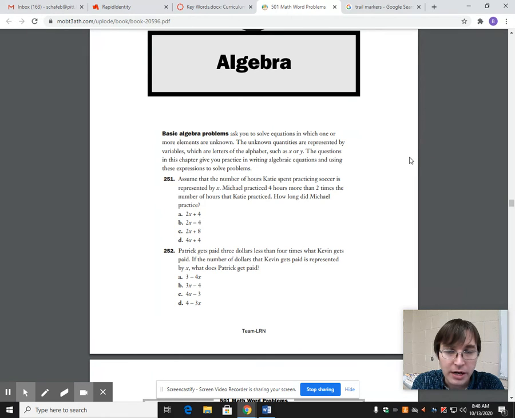How long did Michael practice? And then the assignment would want us to convert or translate this word problem into a written out equation like this.